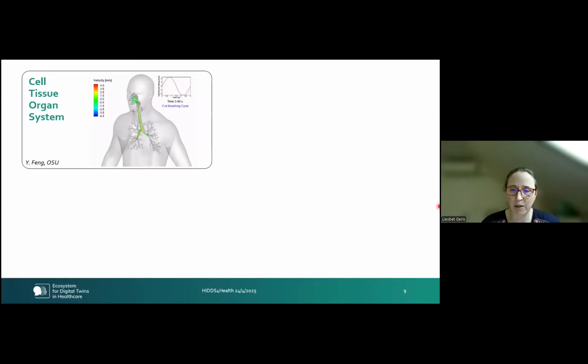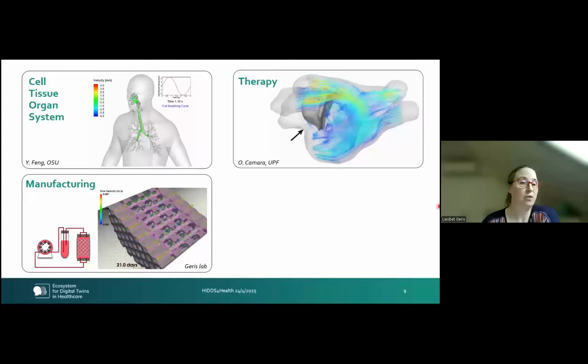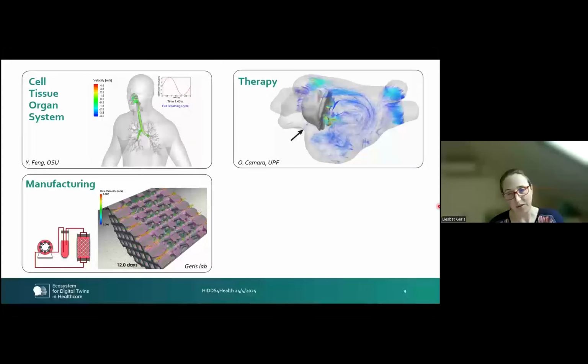So at the moment, we're looking at twins of different aspects. Cells, you can have digital twins of individual cells, of tissues, of organs, of the entire system. If there is a specific question, you can have twins of specific therapies, and I will explain this example in a bit more detail so you understand later what it is that you're looking at here. You can also have digital twins of the manufacturing process.